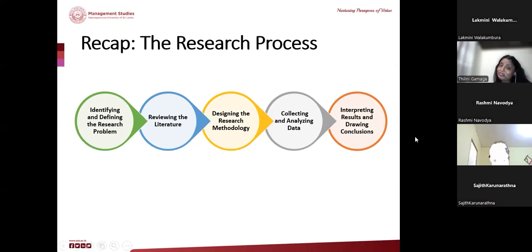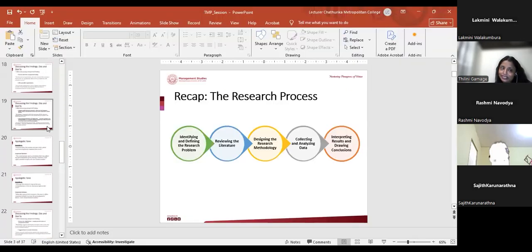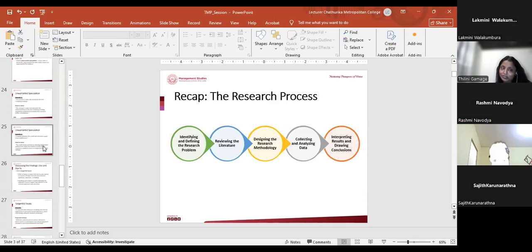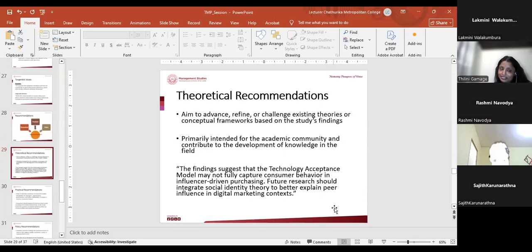And even when you're to offer recommendations, you will not be in a position to offer clear recommendations. So be very careful about it. All of these steps are highly integrated and interlinked to one another. So having said that, let me go back to the point that I was talking about. We were talking about these theoretical recommendations.